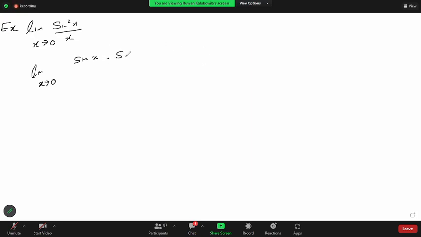Sine x times sine x over x, write it down here. Then separate the limit like this.